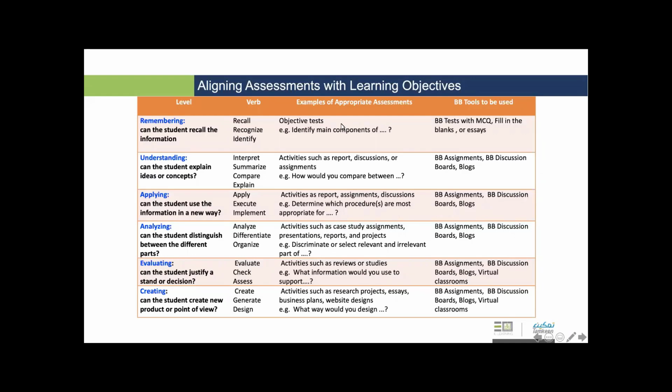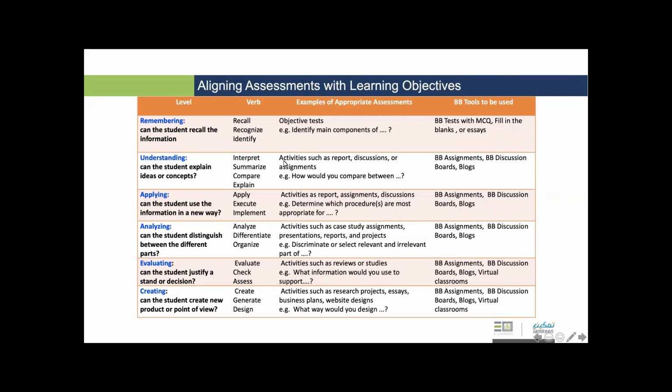So you can ask them to identify main components of something or list something. And you can use Blackboard tests with MCQ questions, fill in the blanks, or essays. Next is understanding. If you want your student to explain ideas or concepts, you can use verbs like interpret, summarize, compare, and explain.